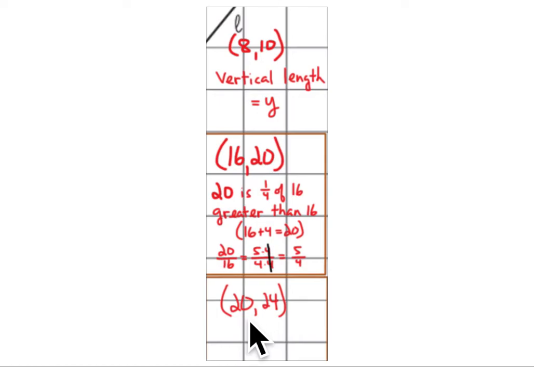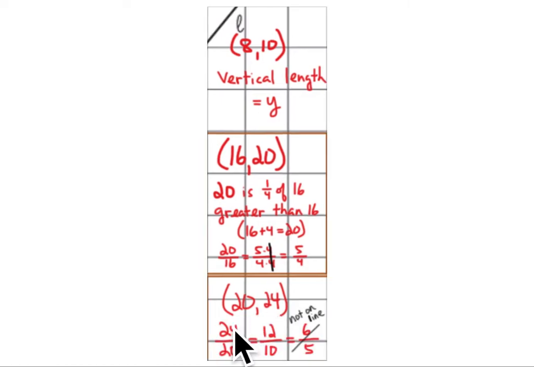What about 20, 24? Well, 24 to 20 gives you a ratio of 12 to 10, which is the equivalent ratio of 6 to 5. That's different than 5 to 4, so this point is not on the line. If you graphed it, I'm 20 units out in the x direction and 25 units in the y direction, so just 1 unit more would be on the line.